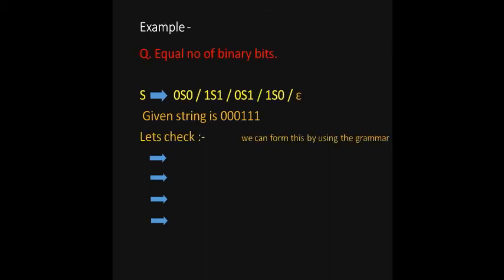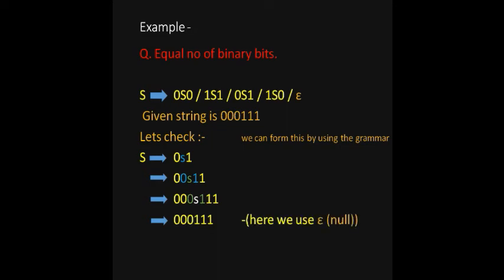So we will now check whether we can derive this string using this grammar or not. So here let's start. Here 0S1 will come. Next we will replace the S with one more 0S1, and it will go on until we get 3 zeros and 3 ones which we require in our string. So we will simply replace this S with a null. Then we will get this string.